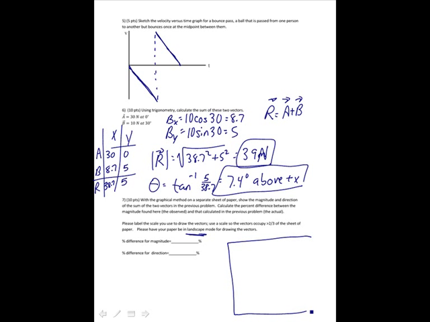So this would be your sheet of paper. The best scale to use is 1 centimeter equals 2 newtons. In that case, the first vector is going to be 15 centimeters long at 0 degrees, so it would be like this. It would be 15 centimeters. And then the second vector is going to be 5 centimeters.